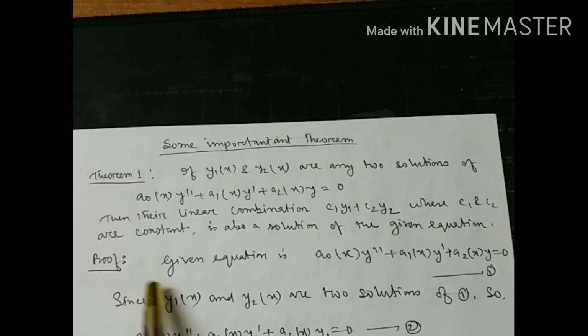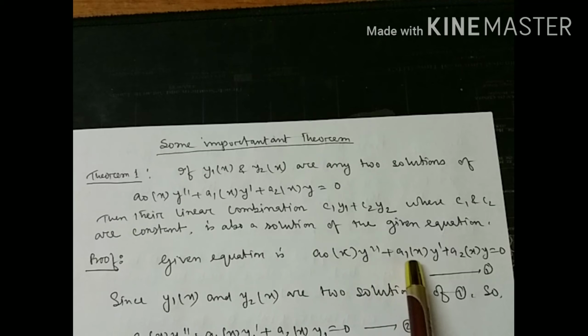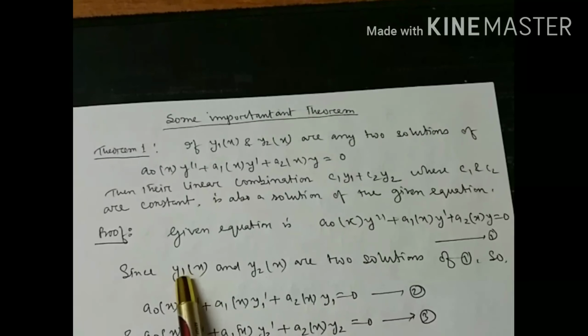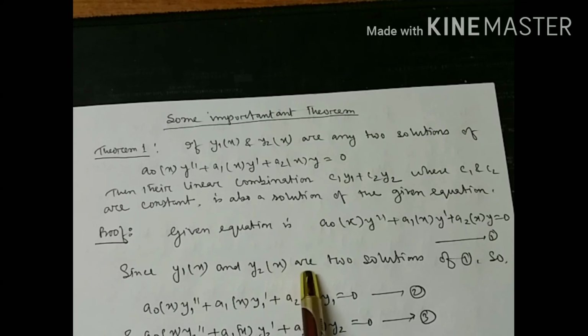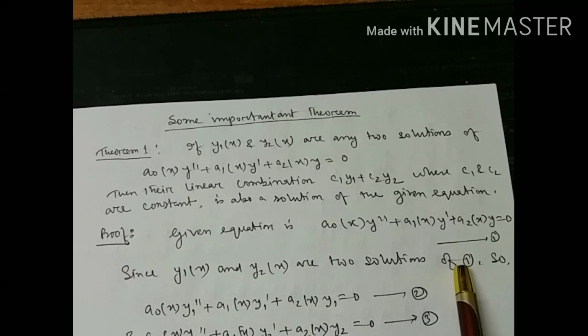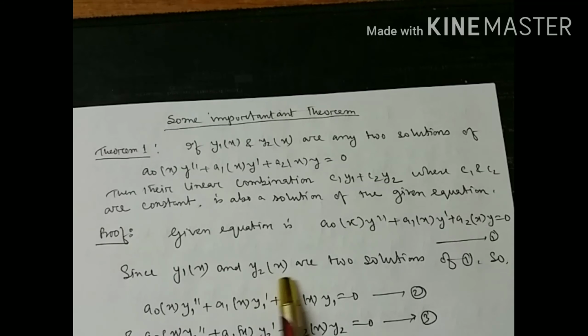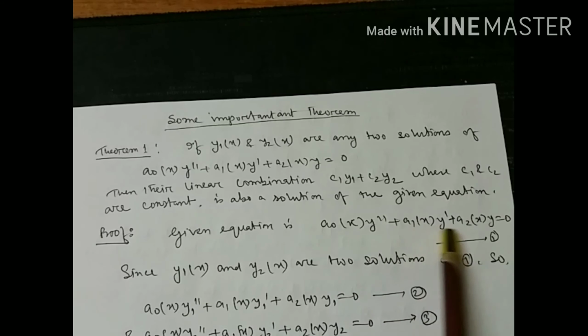So here is the proof. First we write the homogeneous equation a0(x) y'' + a1(x) y' + a2(x) y = 0. Since y1(x) and y2(x) are two solutions of equation 1, as given in the theorem, y1(x) satisfies this equation 1 and similarly y2(x) also satisfies this equation.